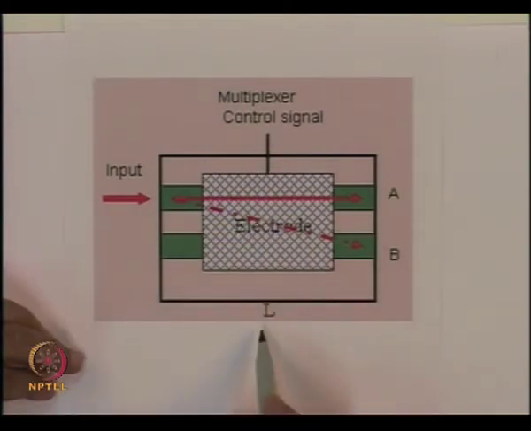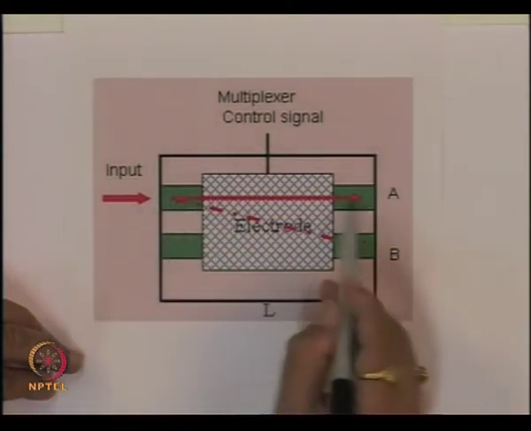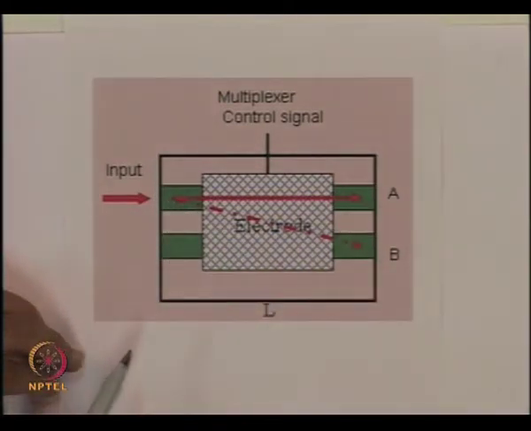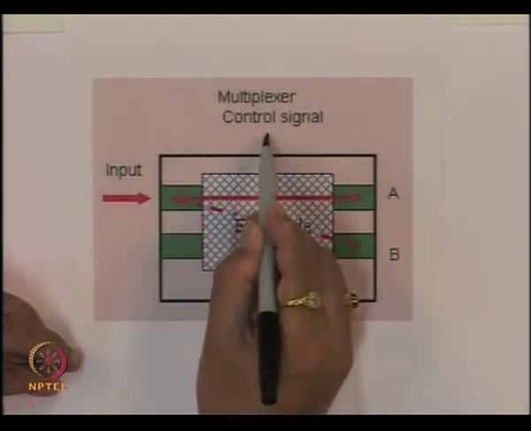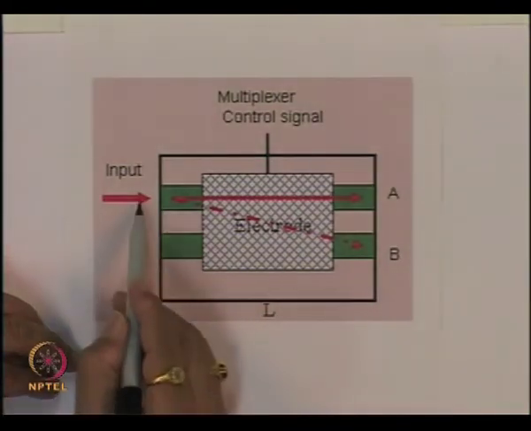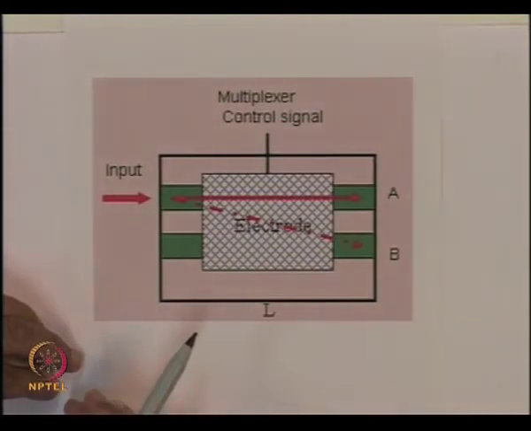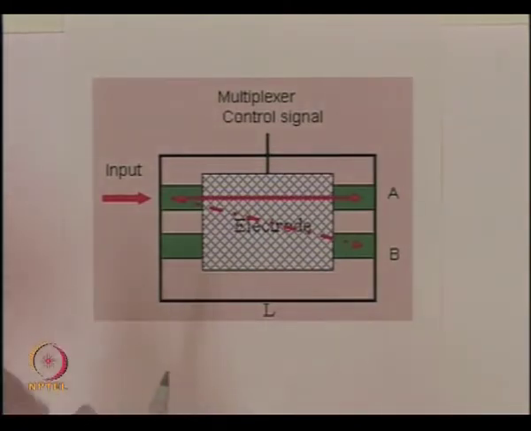Because of that, for a given physical length of the directional coupler, the signal may get transferred to this waveguide or may remain with the same waveguide. So essentially by applying this voltage or not applying this voltage, I can connect the optical signal either to this port or to this port, or in other words, we have realized a multiplexer in optical domain.